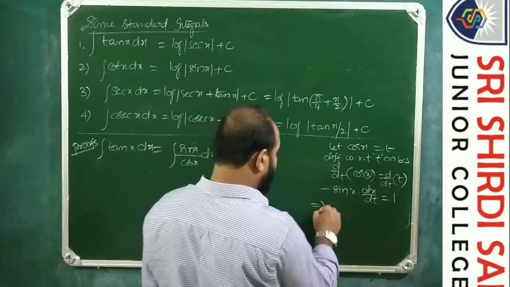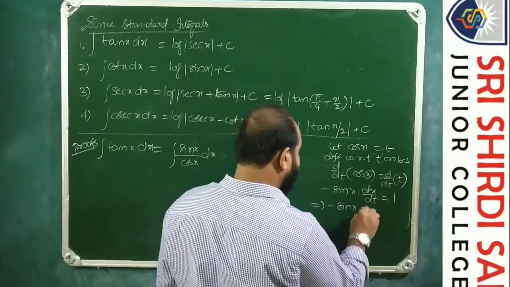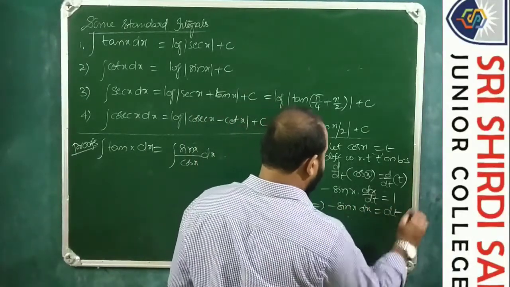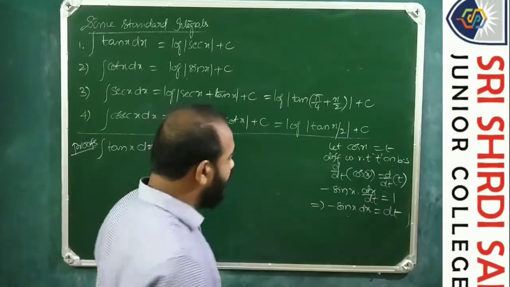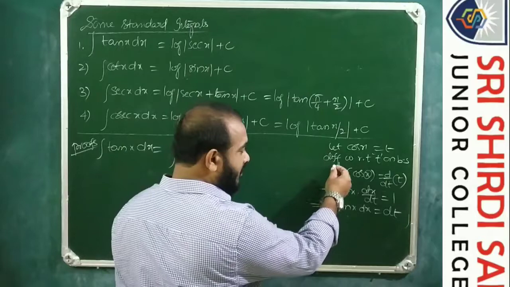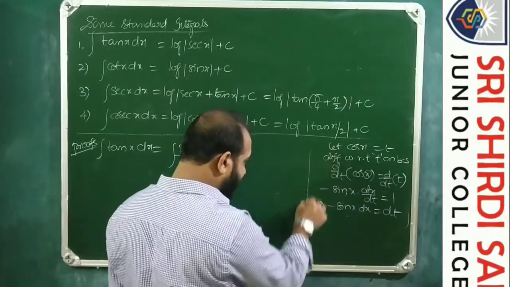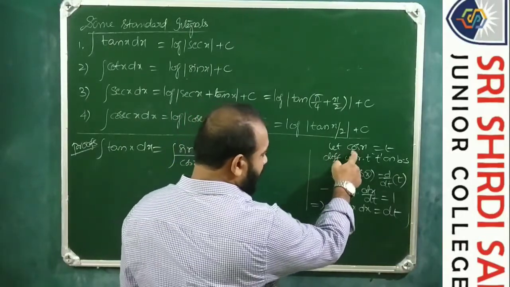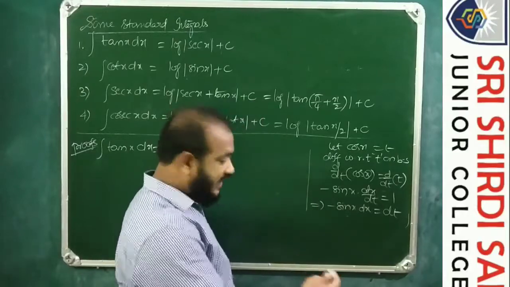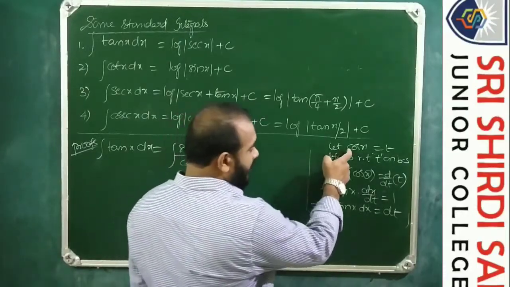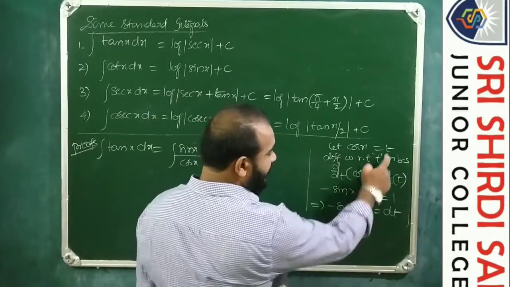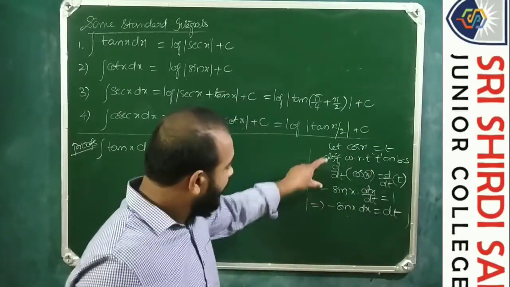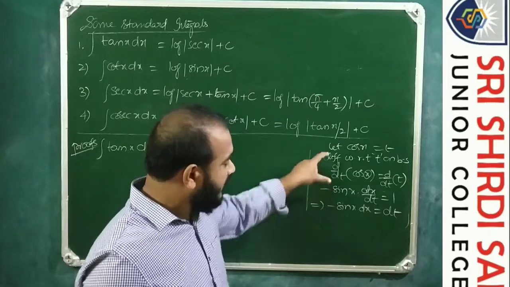So this is minus sin x dx is equals to dt. So from the next time onwards, let us evaluate all these things here. Let cos x is equals to t, then d by dx of cos x is minus sin x dx is equals to dt. So we can avoid all these things.